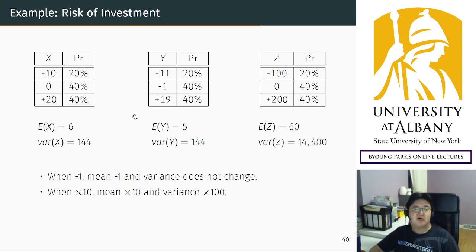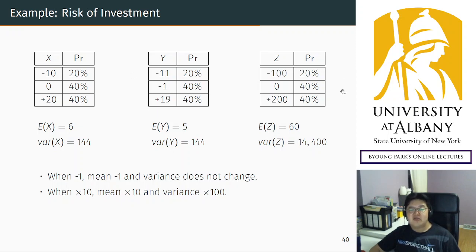So let me compare three examples. I will simply write them as x, y, z. In the original example, the mean and the variance were 6 and 144. And if you subtract 1, then the mean was reduced by 1, but the variance does not change, right? So it's interesting.